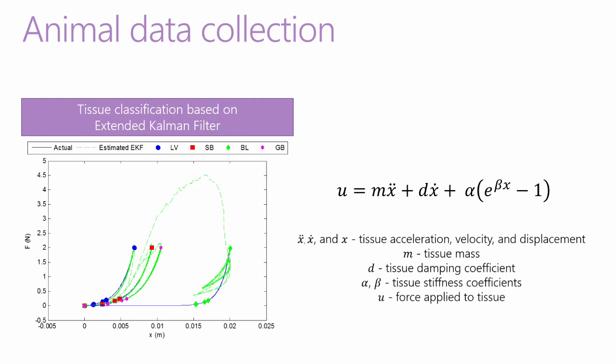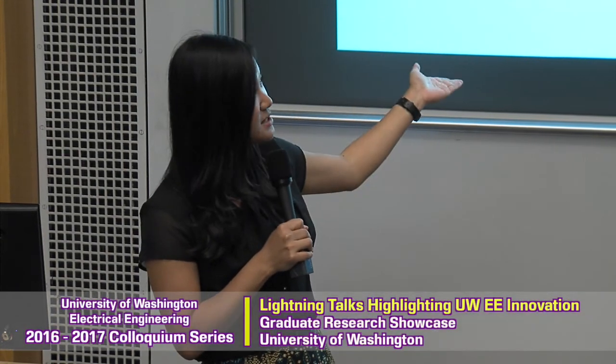Using the estimated values of alpha and beta, we then calculated the estimated force values and plotted them versus displacement on the following curve. We can see that there are 4 distinct curves, which represent 4 different tissue types. This means the smart grasper, as well as the algorithm, is capable of performing tissue classification using only force and displacement data.